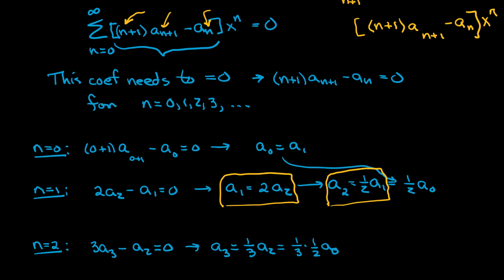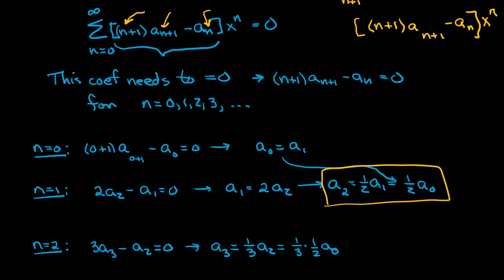And this will then give me that a sub 2 is 1/2 a sub 0. That's important, and you're going to want to write this down somewhere. So a sub 2 is 1/2 a sub 0.